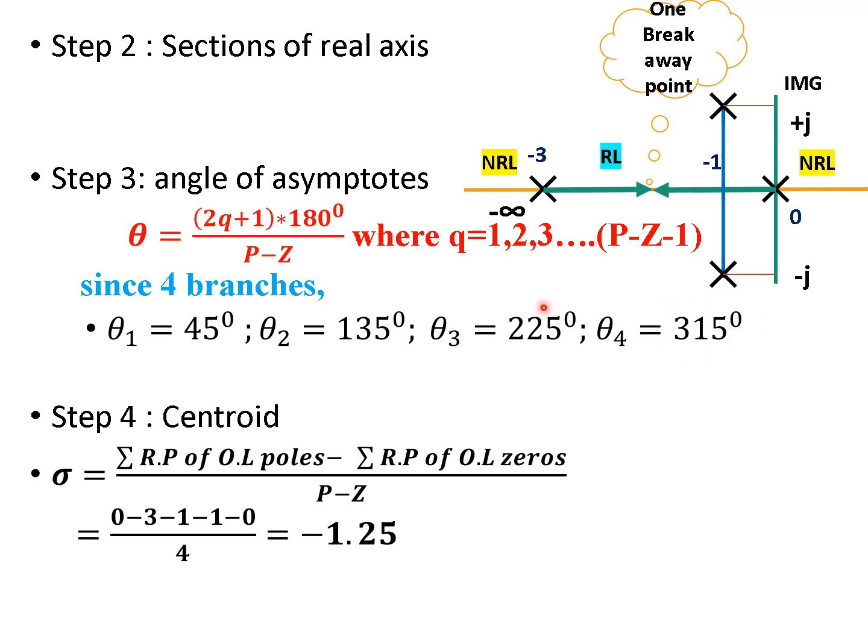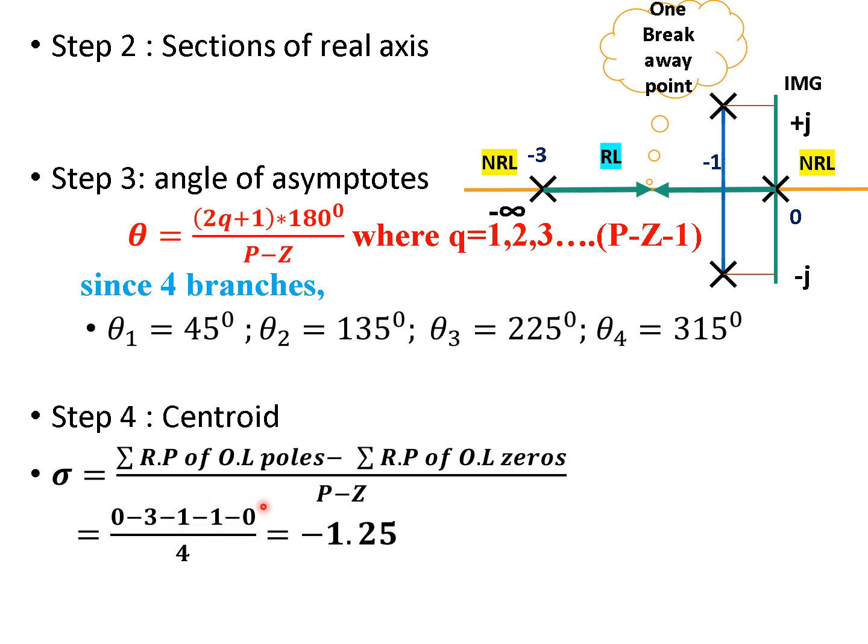The next thing is we need to find the centroid. To find the centroid, we are only concentrating on the real part of the zeros and poles. So the summation of real parts of open loop poles minus the summation of real parts of open loop zeros, divided by p minus z. In the open loop poles we have 0, minus 3, and we have two conjugates at minus 1, so we need to write it twice: minus 1 and minus 1.